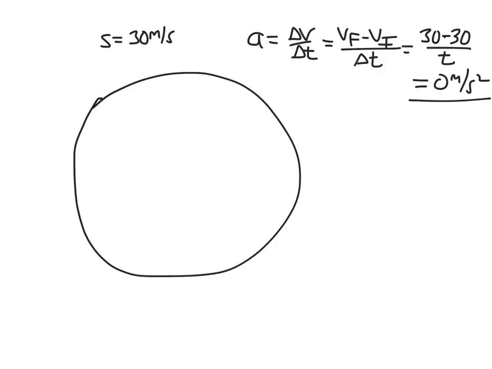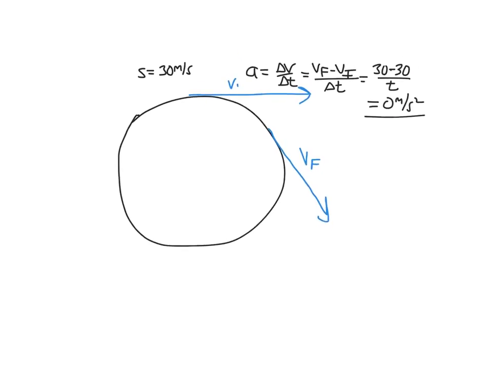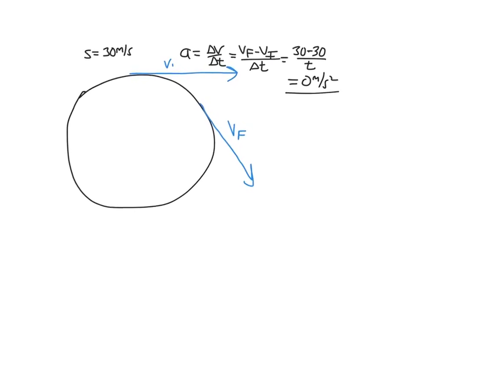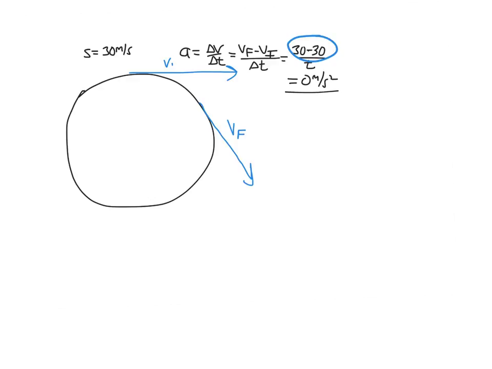If we're at the top of the circle here, we have a velocity in that direction, and we'll call that v initial. Later on, we're down here, and we have a velocity in that direction, which we call v final. The problem before was that we got the change in velocity to equal 0 because we just looked at the numbers. But if we look at these vectors, remember that change is always final minus initial.